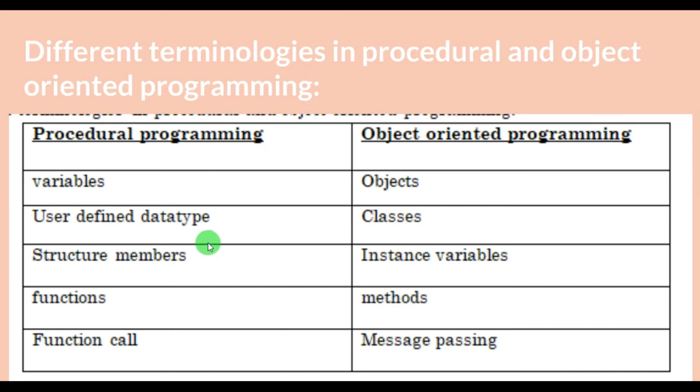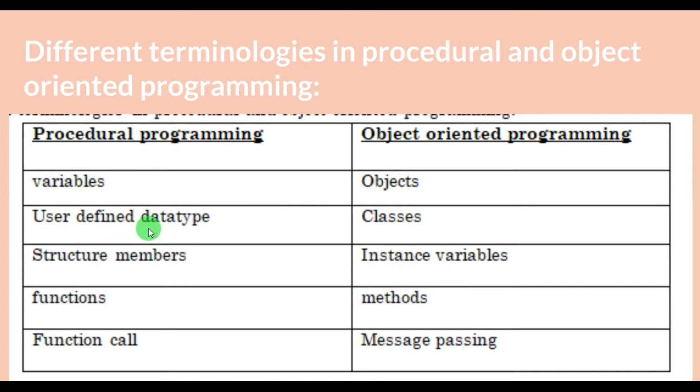This is the procedural programming language and this is the object oriented programming language. Here, in C programming we use variables. In object oriented programming, in the place of variables we are going to use objects.